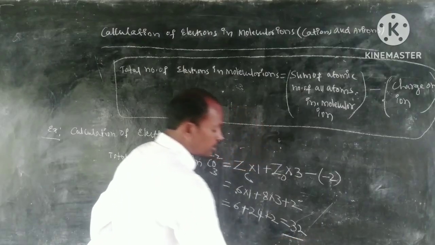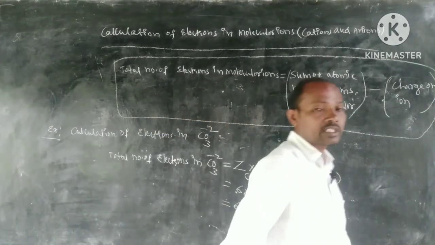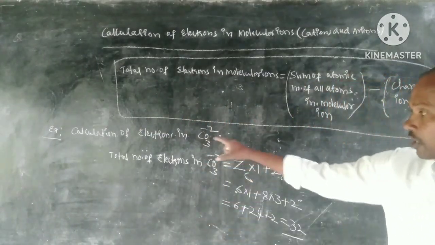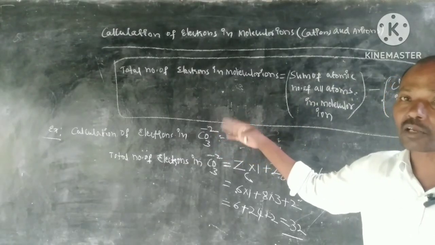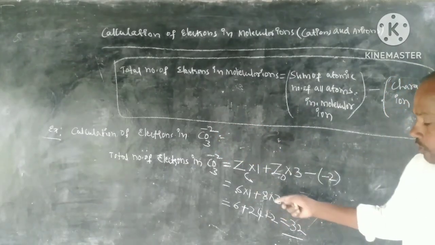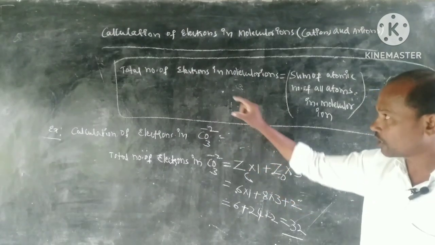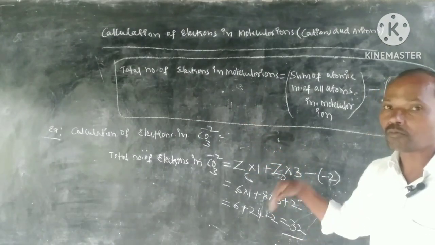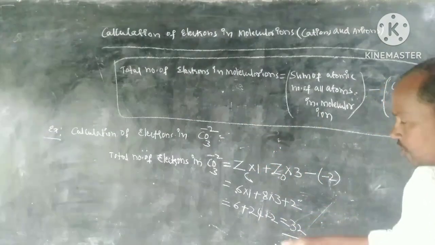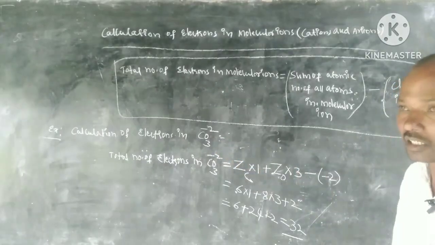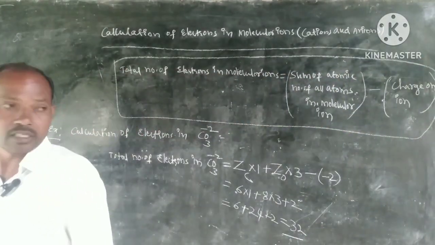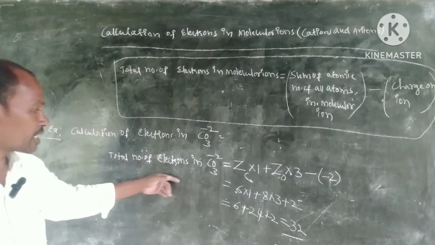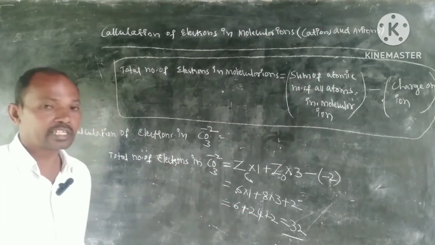So this is the answer for the total number of electrons present in the carbonate ion, CO3 minus 2. The total number of electrons present in CO3 minus 2 is 32.